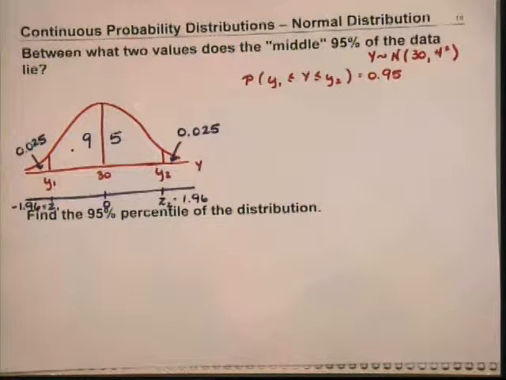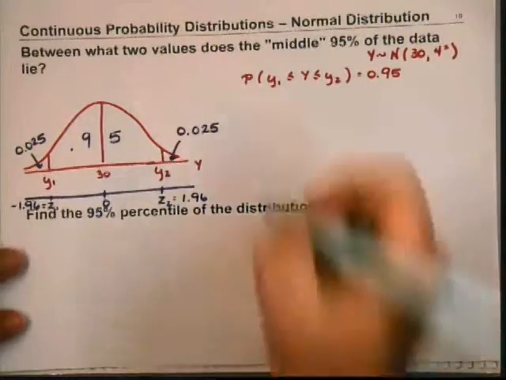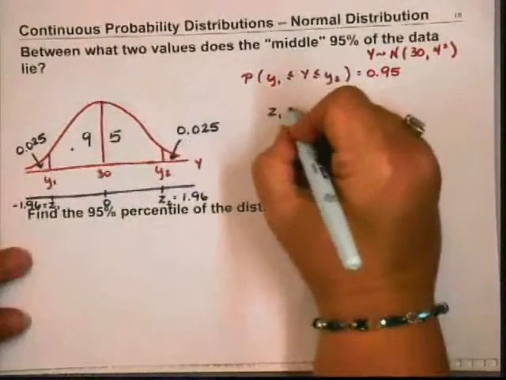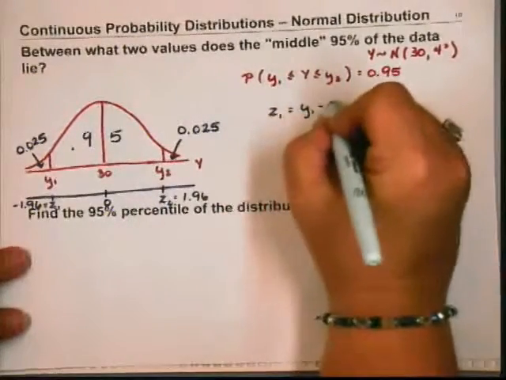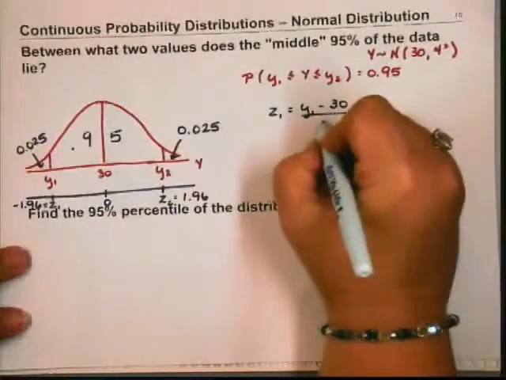Okay? What do I do with those pieces of information? I don't need to redraw the picture. It's the same picture. It's just the axis that changed. So our formula then is, let's say, z1 corresponds to y1, and z1 is y1 minus the mean 30 divided by 4.